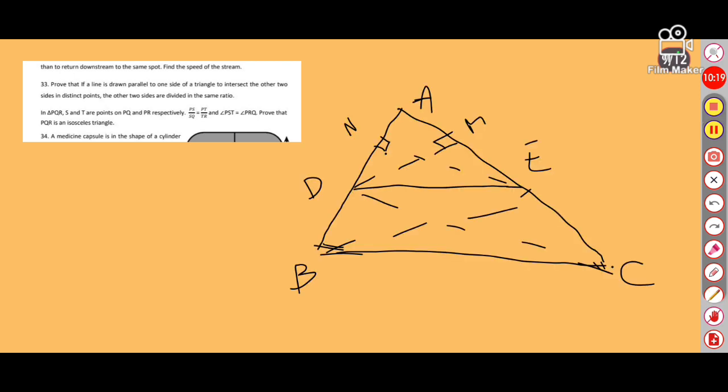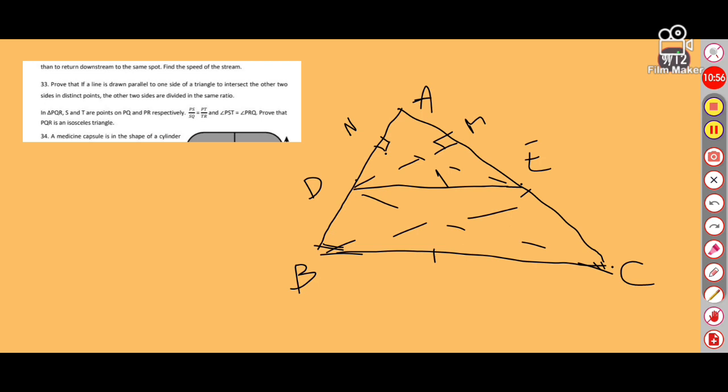This is the diagram for the 33rd question A. So if a line is drawn parallel to one side of a triangle to intersect the other two sides in distinct points, the other two sides are divided in the same ratio, is what we need to prove. First, we assume a triangle ABC where the line parallel to side BC, that is DE, intersects the other two sides AB and AC at point D and point E, and is parallel to BC.